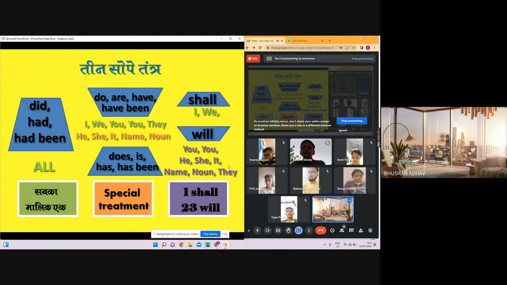So we have to exactly assemble the words. Now we got the concept clear about the subject yesterday. How many words are there as a subject in English?